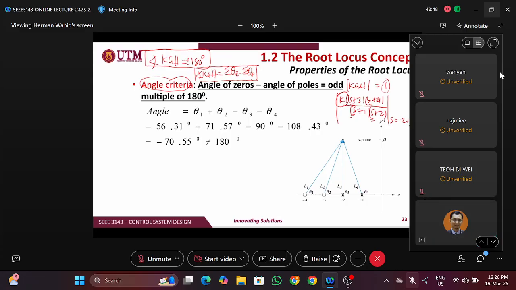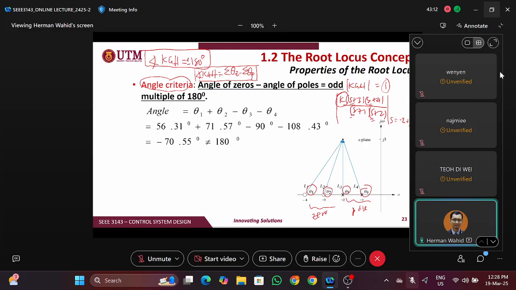So let's consider back the thing that we have drawn just now. We have theta 1, theta 2, theta 3, theta 4, where theta 1 and theta 2 are for the zeros, and these are for the poles.